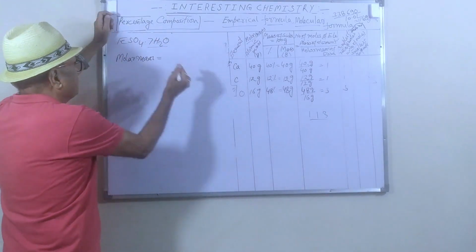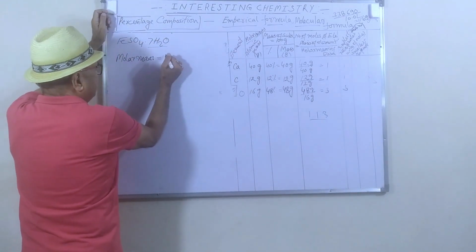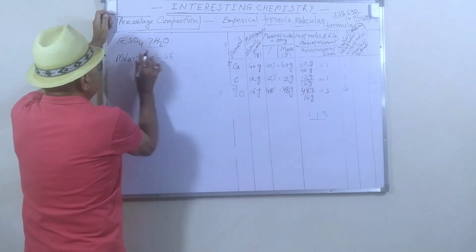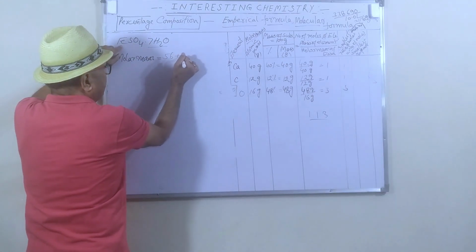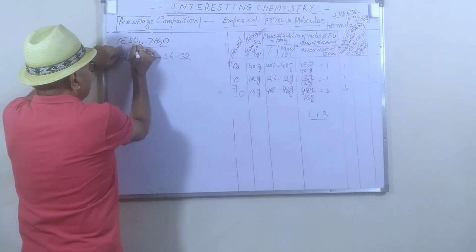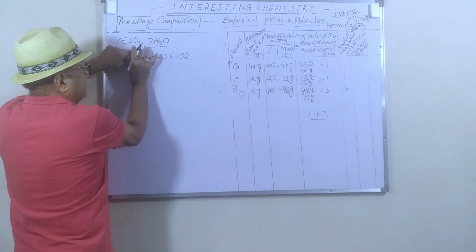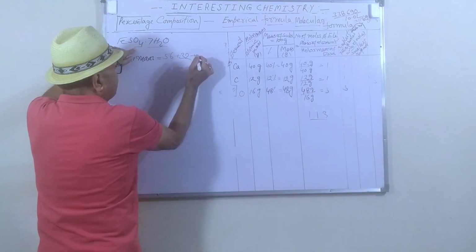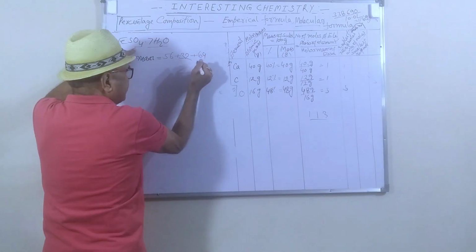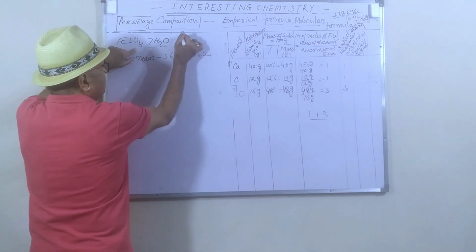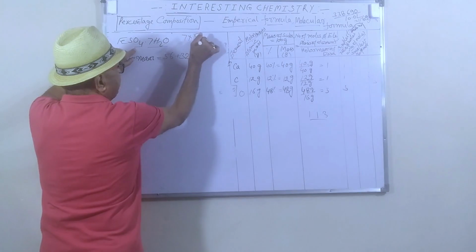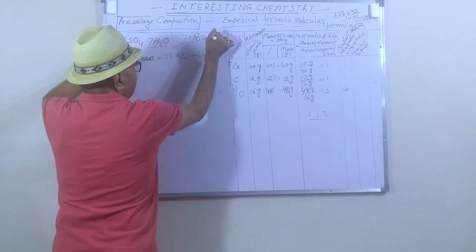Percent composition. The molar mass: Fe is 56, the atomic mass of Fe. Sulfur is 32, and there are 4 oxygens, so 64 you can write here. And again this is 7H2O: 7 into 18 is equal to 126.